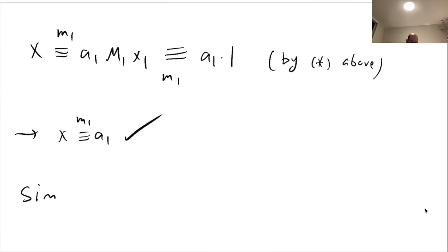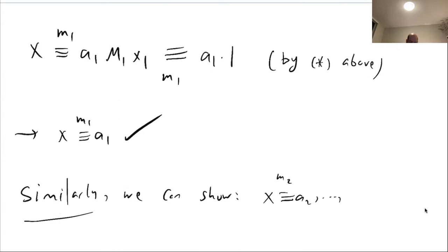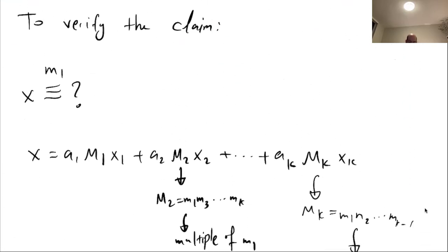Similarly, we can show that X is A2 mod M2 all the way to X is AK mod MK. The type of reasoning that I used for M1, very similar reasoning you can use for M2.